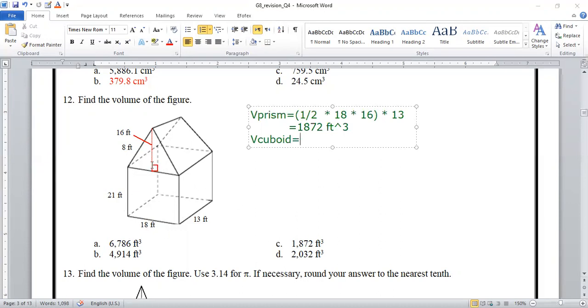Length equals 18, times width is 13, times height is 21. 18 times 13 times 21 equals 4,914 feet cubed.